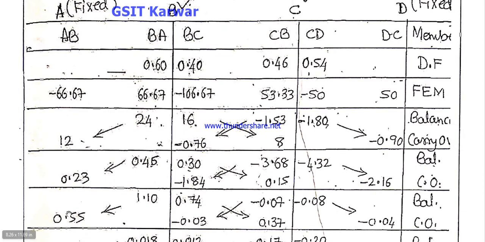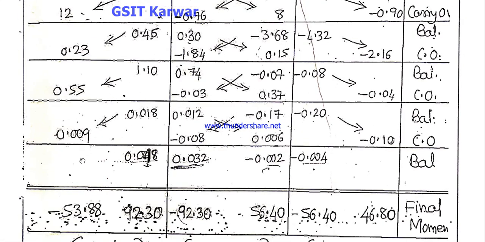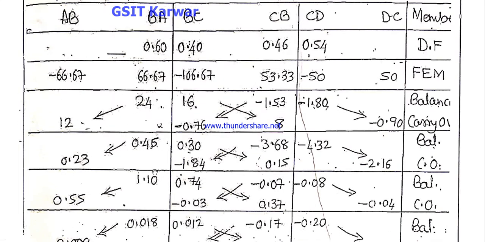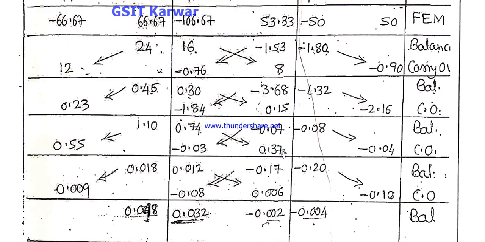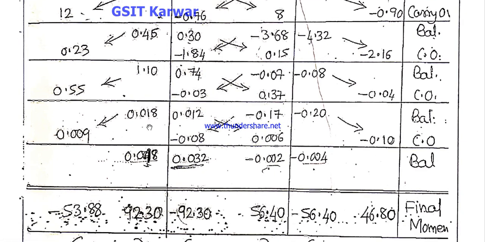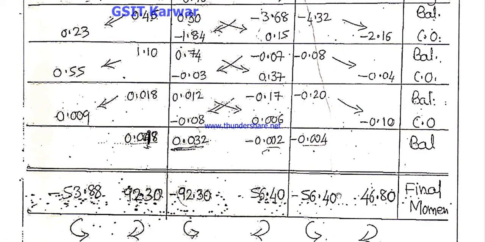That means column wise you should add all the moments, from the fixed end moment to this last step up to balance. Okay, you should remember. Adding all these moments, you are getting the final moments like this: minus 53.88, 92.3, minus 92.3, 56.4, minus 56.4, 46.8. These are the final moments.